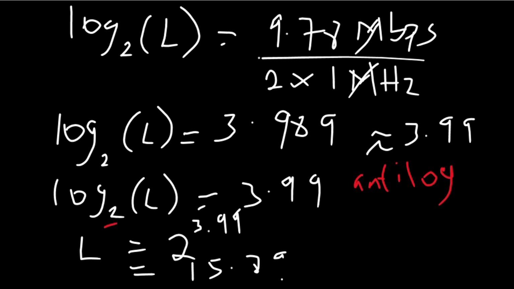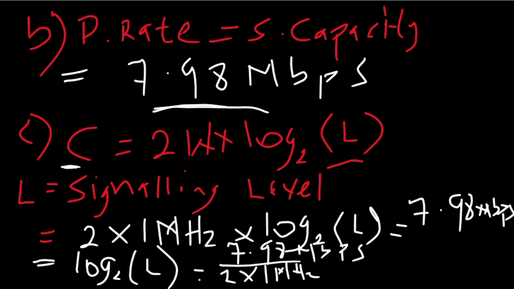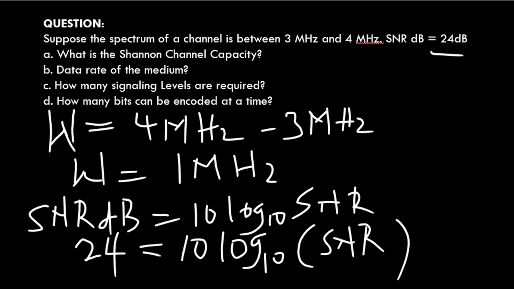To the nearest whole number, we get 16 levels. These are the number of signaling levels that we need. So we need 16 levels. This is supposed to be our C, which is how many signaling levels are required. So this is simply the Nyquist.